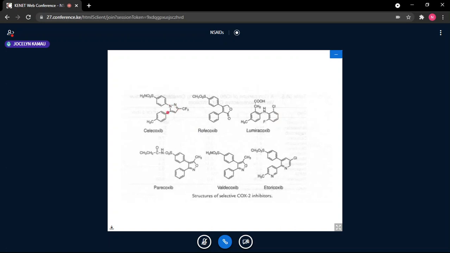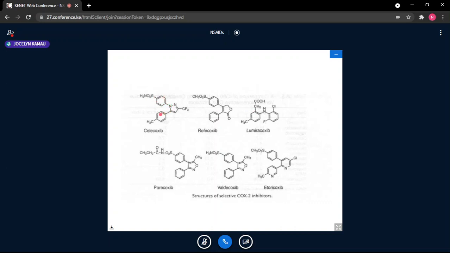In all the others, this ring, sorry, the ring. So in lumiracoxib, this is the ring which carries a rigid group, attached through a polar group to one aromatic ring, whereas in these other ones you have this ring attached to a separate ring. So the difference is you have this separate ring here, but you can see the similarity, because this group here is still attached to a nitrogen.